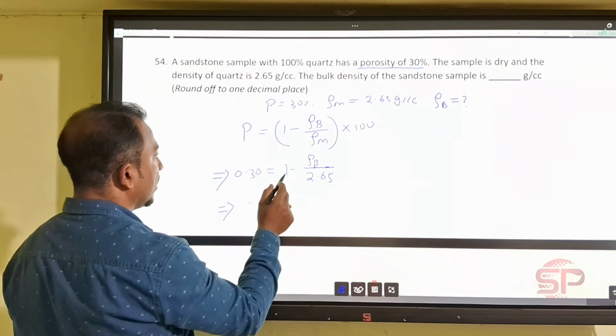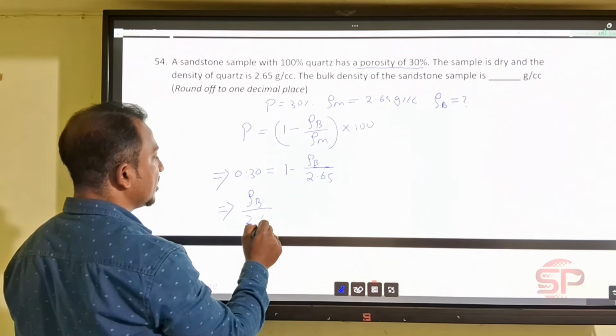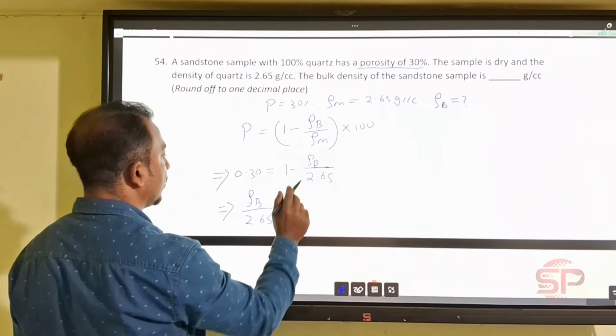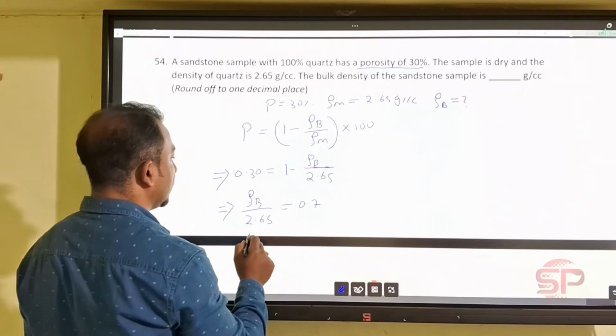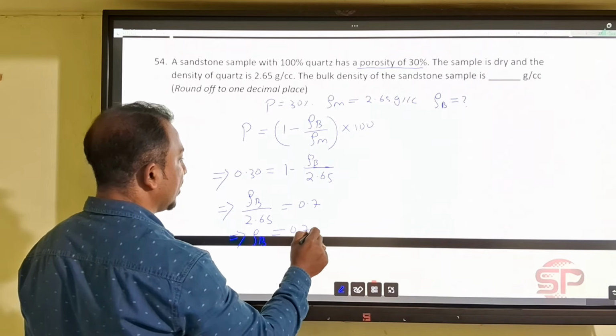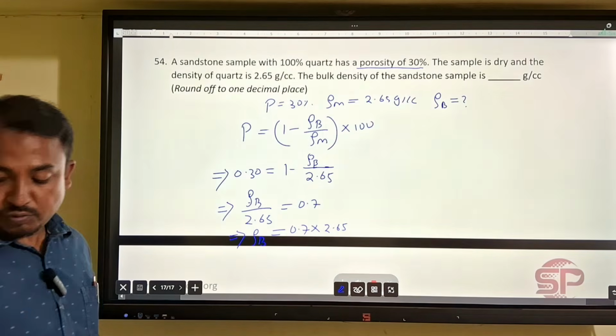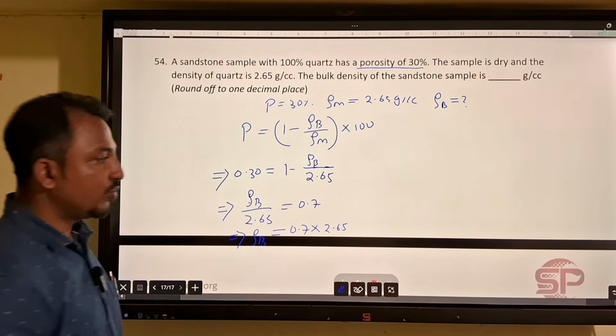So bulk density by 2.65 equals 0.7. So rho b will be 0.7 into 2.65, it will be 1.85.